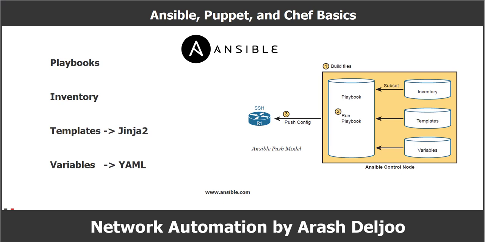When using SSH, the Ansible control node actually makes changes to the device like any other SSH user would do, but doing the work with Ansible code rather than with a human. Ansible can be described as using a push model rather than a pull model like Puppet and Chef.